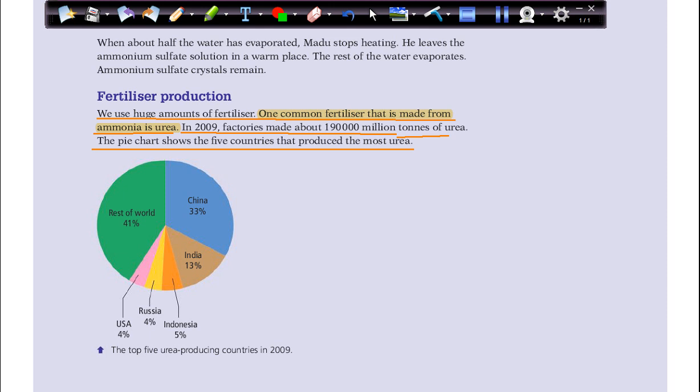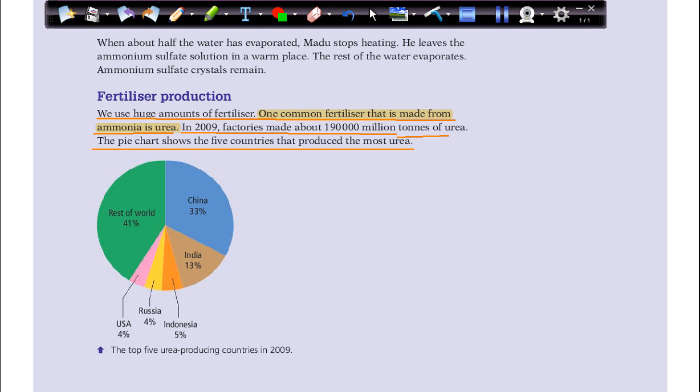So here we have China that produces 33%, and after it comes India 13%, then Indonesia 5%, Russia 4%, and USA 4%, and the rest of the world 41%. So the biggest production of urea is here in China.